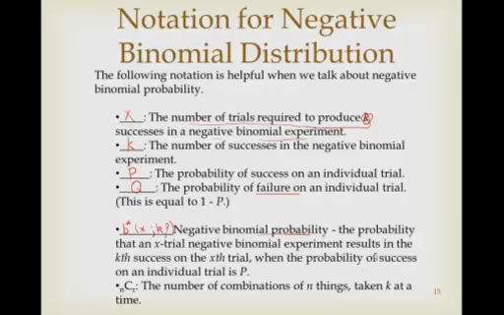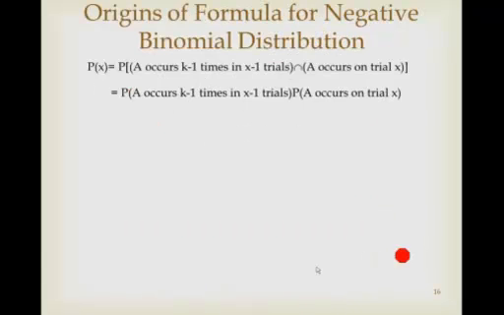Again, it results in the kth success on the xth trial, when the probability of success on an individual trial is just p. And then, of course, we've got that combinatorial that we're used to seeing, the combination of n things taken k at a time. So the origin of the formula actually makes good sense.